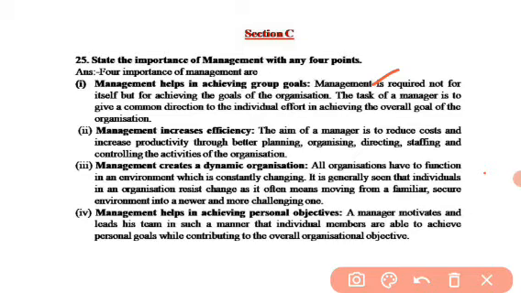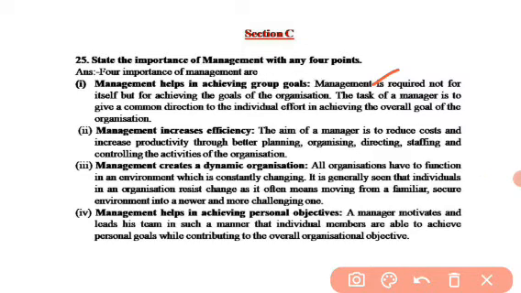So the manager motivates the employees and leads the team to develop each individual member to achieve personal goals while contributing to the overall organizational objectives. So along with the organizational objectives, individual development is also made possible by management.